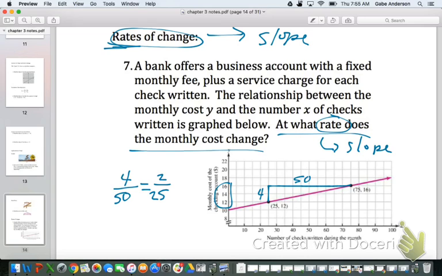Don't we need percent? No percent here. Dollars. Monthly cost is measured in dollars, right? There's more to it than just that.